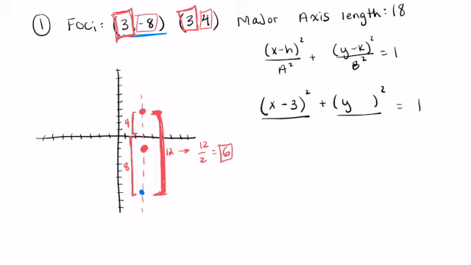So what I've done is I simply found the middle of those foci points. That was at 6 units away from here, or 6 units away from here, which is at -2.